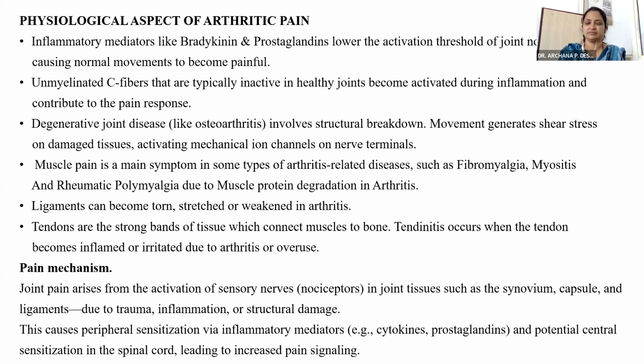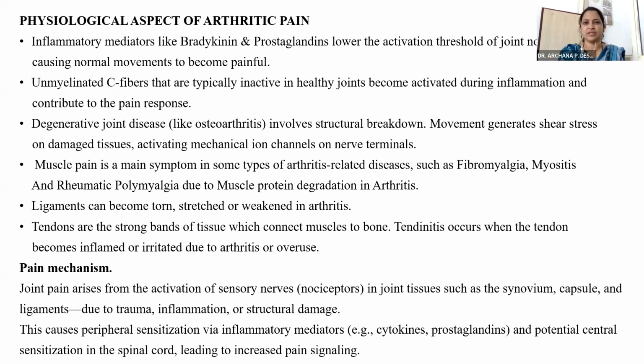The ligament functions get disturbed due to trauma and inflammation, and there is structural damage. This peripheral sensitization mostly occurs through cytokines and prostaglandins, and this is important for how Rhus Tox will act.